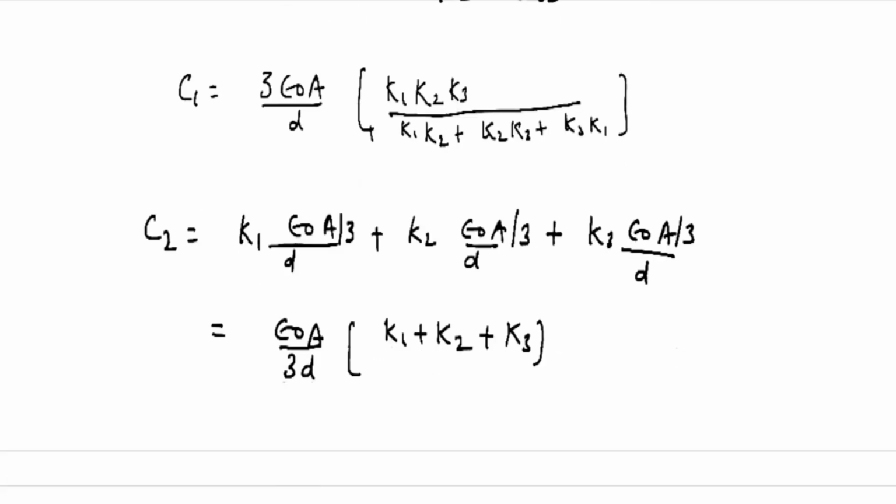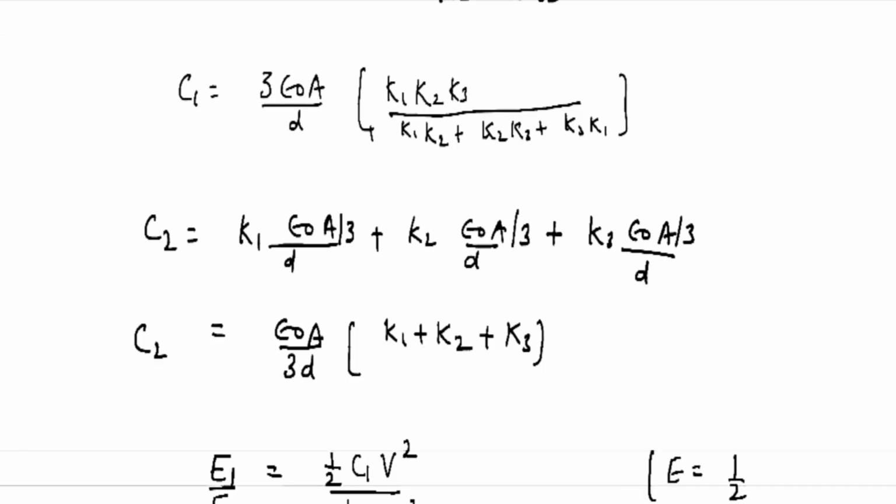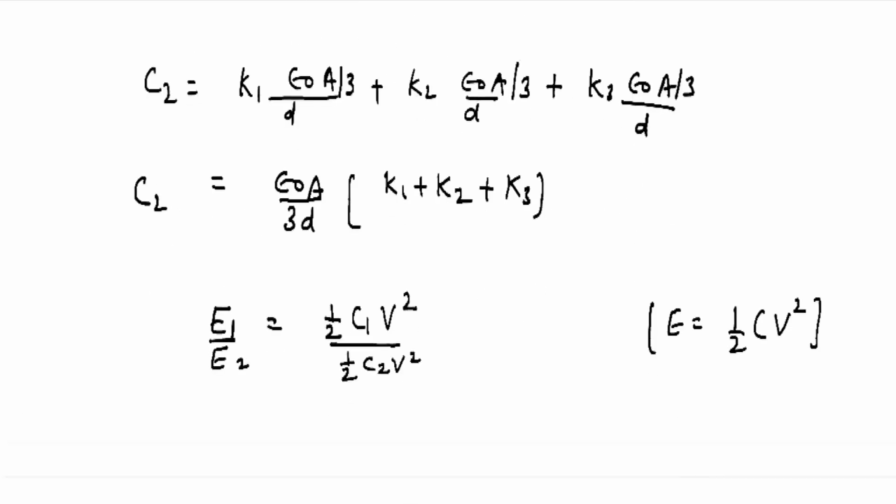So we have calculated the values of C1 and C2, and now we have to calculate E1 and E2. E1 by E2 is equal to half C1 V square by half C2 V square, as E is equal to half CV square, and it is given in the question that the potential is the same for both. So half and half get cancelled and V square gets cancelled. So it will be C1 by C2. Now we'll put in the values of C1 and C2.